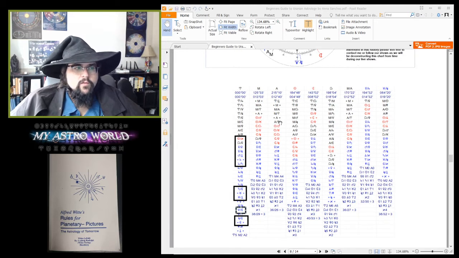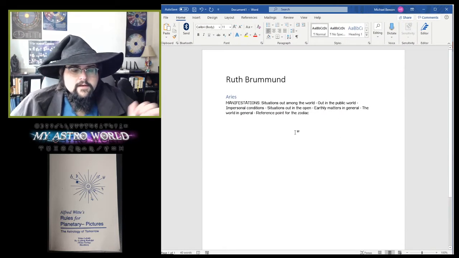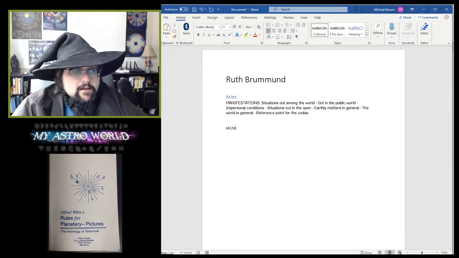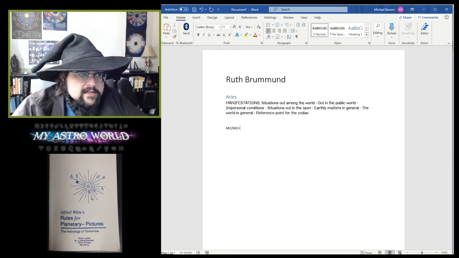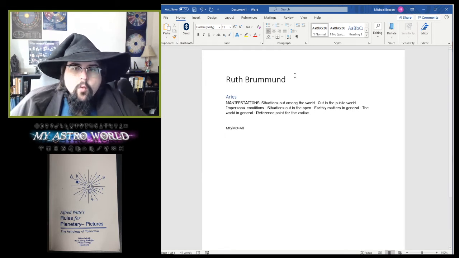What is Meridian Moon? Well, that's the first one on here. So let's find out. We'll do the super cheap little clicks, MCMO for Meridian Moon, and that's going to be equal to AR, equal to the Aries point.